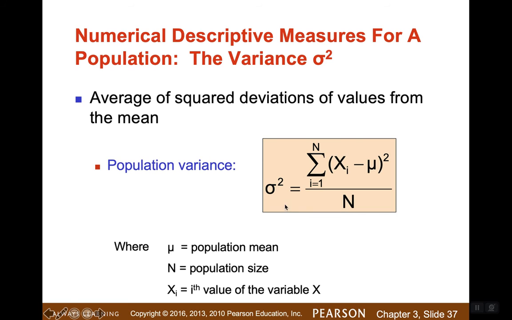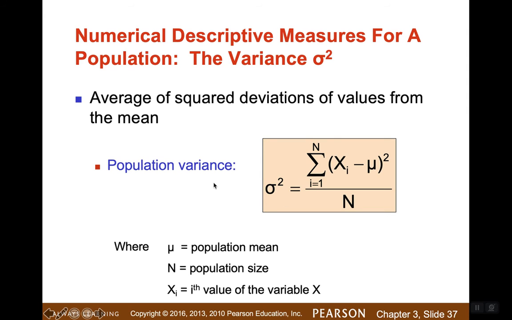I'm not sure what that symbol is; I have to go back and look at my Greek alphabet. Anyway, that is the population variance.